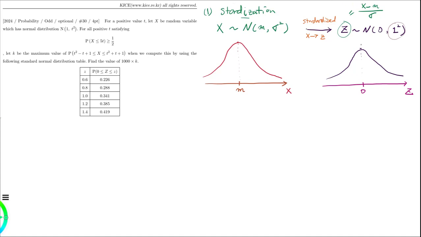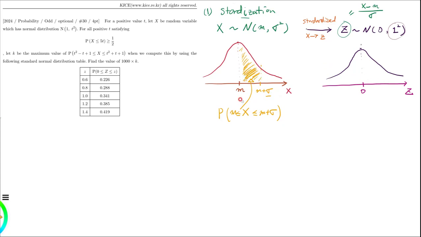Okay. In terms of the area, we can say this area corresponds to the probability of x having a value between m and m plus sigma. This value is the area of this shaded area here.